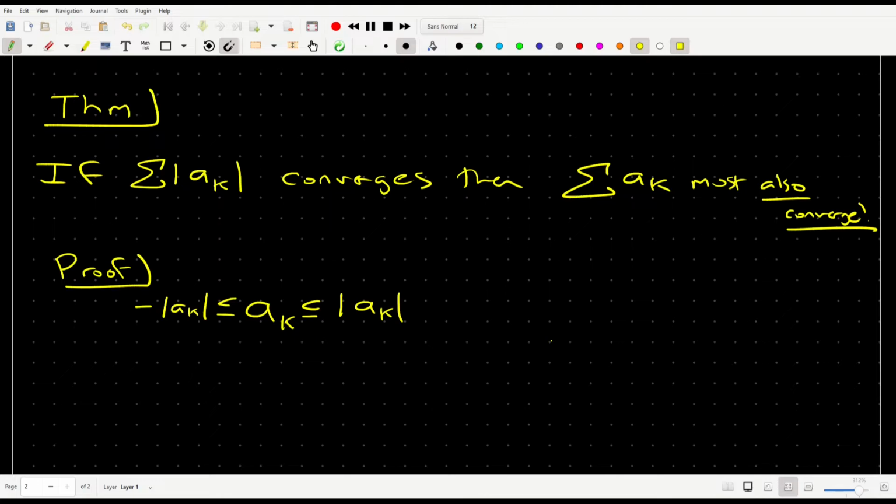So because of this inequality, we can add the absolute value of a_k to both sides to get that 0 has to be less than or equal to a_k plus the absolute value of a_k, which has to be less than or equal to the absolute value of a_k plus the absolute value of a_k, which is 2 times the absolute value of a_k.